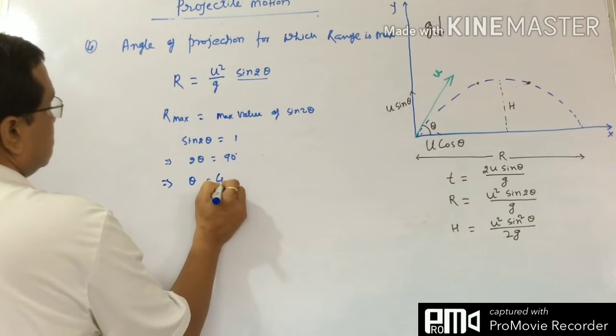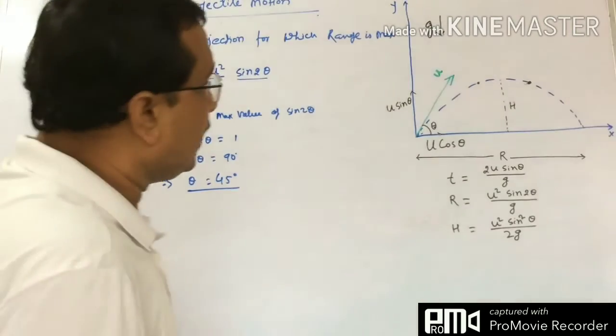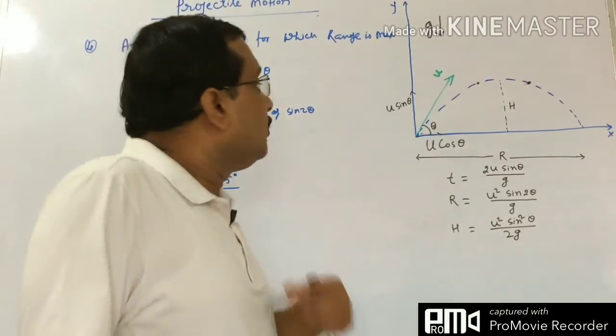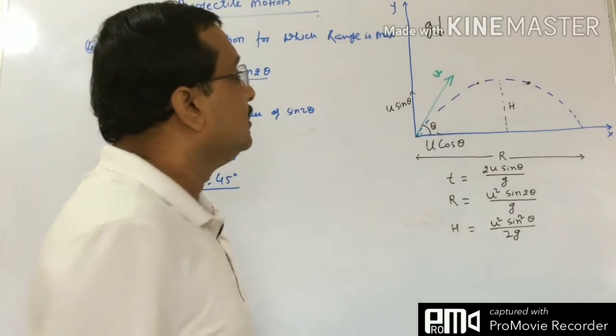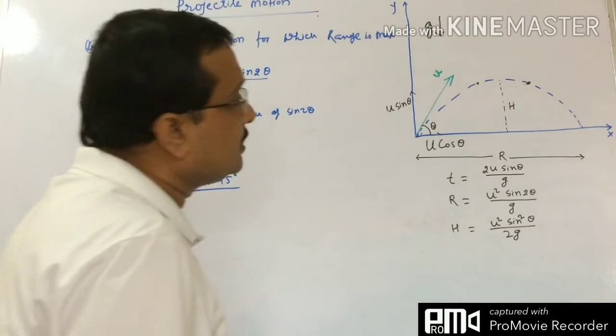So theta equals 45 degree. When you throw the particle at an angle of 45 degree, you get the maximum range.